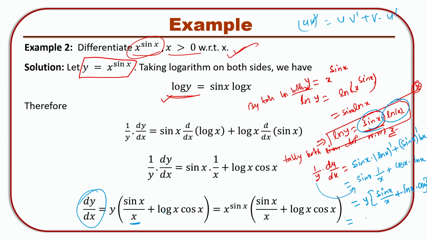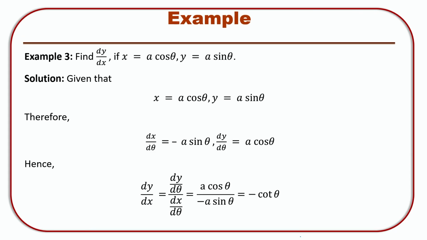We have already assumed y equal to x power sin x, so dy by dx is x power sin x into sin x by x plus ln x into cos of x. That will be your answer, where you will find dy by dx, right?